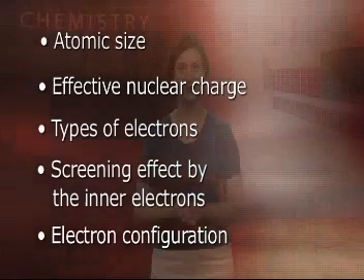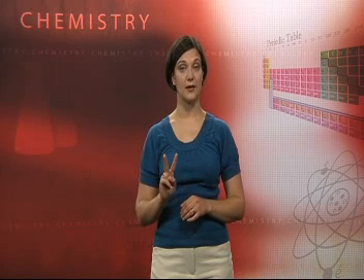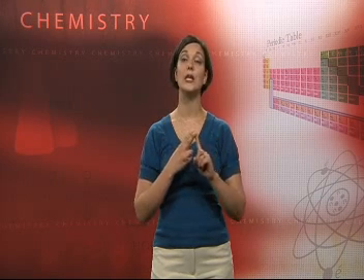Let us move on. When we are discussing general trends across a given period in the periodic table, there are 2 factors specifically that have an effect: the atomic size and the nuclear charge.